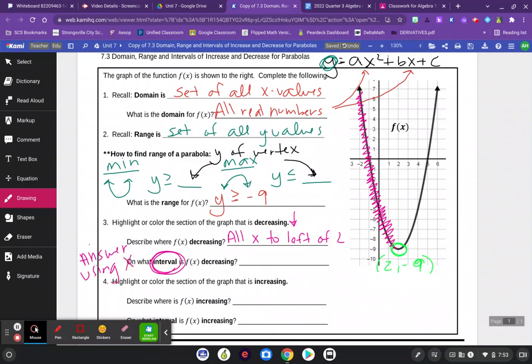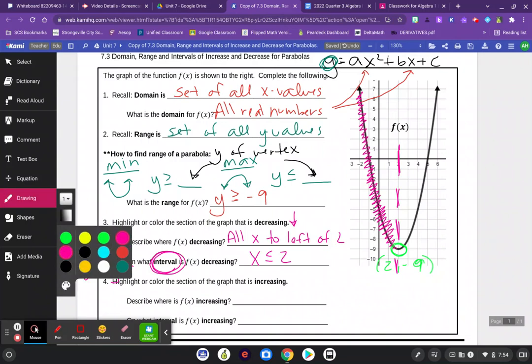So when we talk about this interval, we're going to be using x's to answer. All the x values to the left of 2 are where my y values are decreasing. So my function is decreasing for all of the x values that are less than 2.